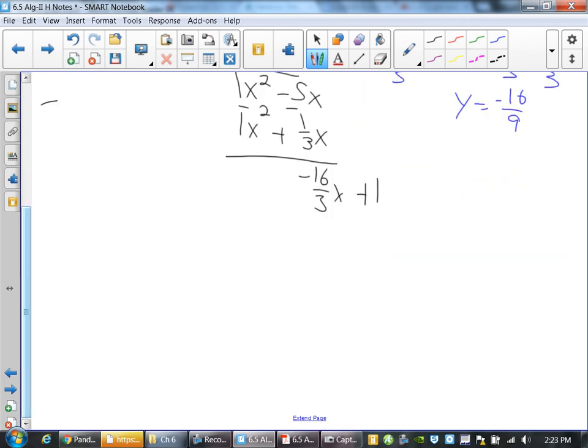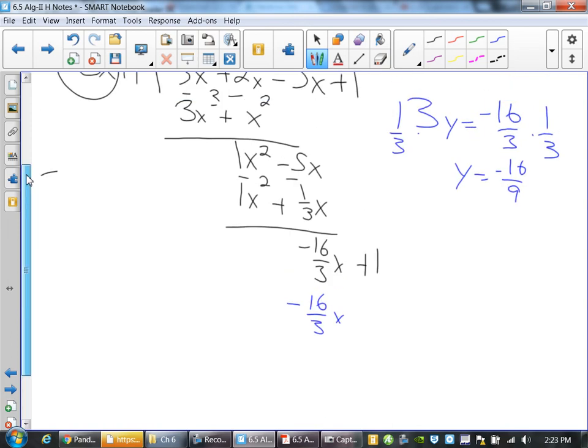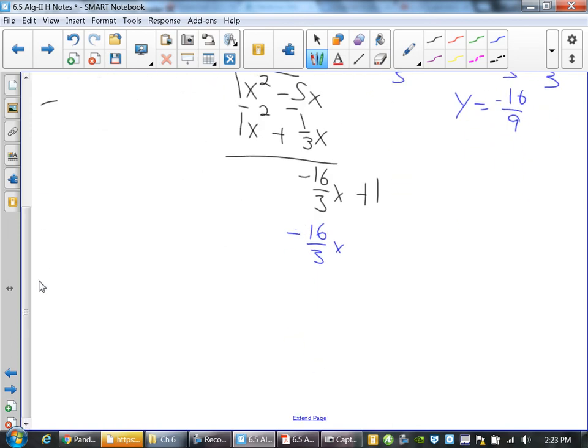And we get negative 16 over 3x. And then it was what? Plus 1, so it'd be minus 16 over 9. Subtract it out again. 1 minus negative 16 ninths is the same thing as saying 9 ninths plus 16 ninths. 25 ninths, there you go.